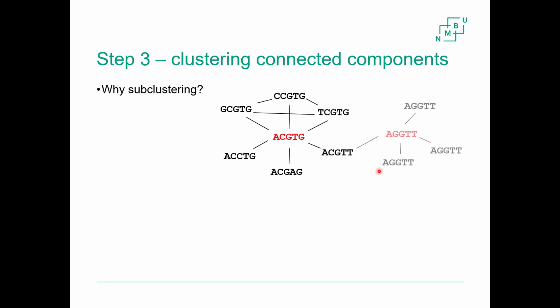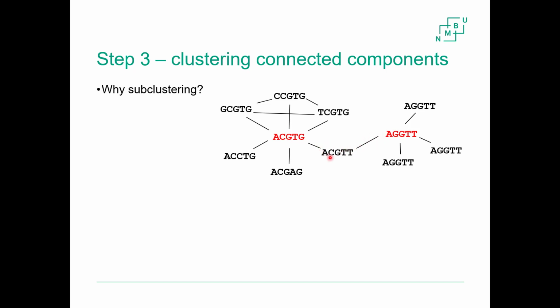But of course, there could also be another mother sequence that looks like this. Another k-mer with 50 copies, occurring very often. And then we can see that this particular child here could be generated by one sequencing error from this one, but also with one sequencing error from this one.